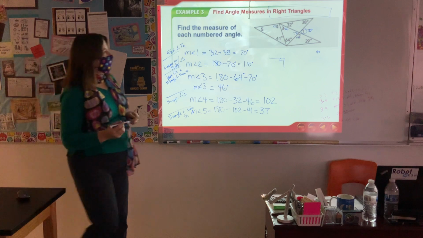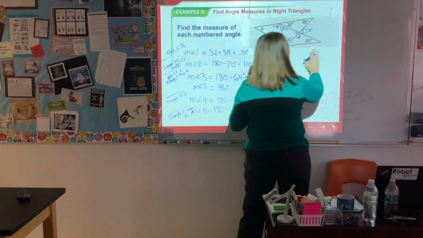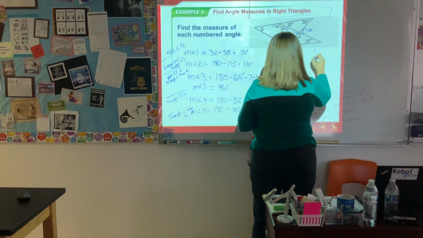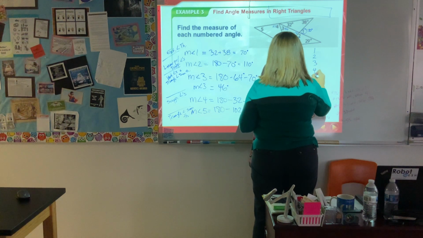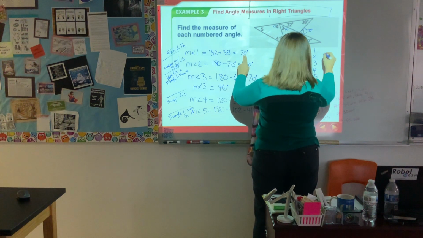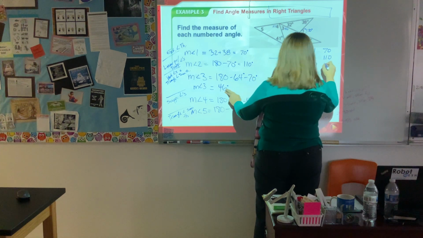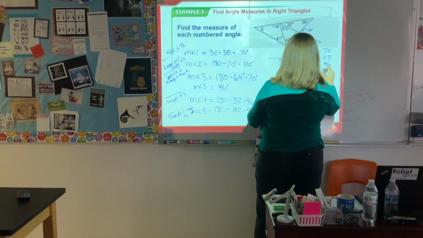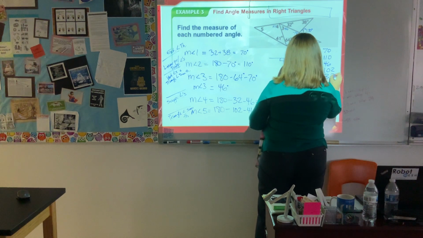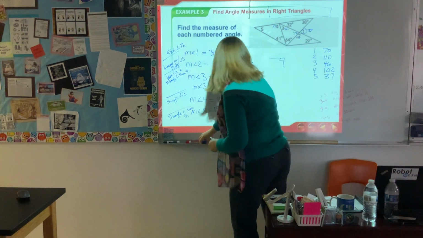Okay, so we had a listing here. If we were to look at 1, 2, 3, 4, 5, let's see if they got the same numbers. 70, 110, 46, 102, and 37 are all the numbers that they got for us.